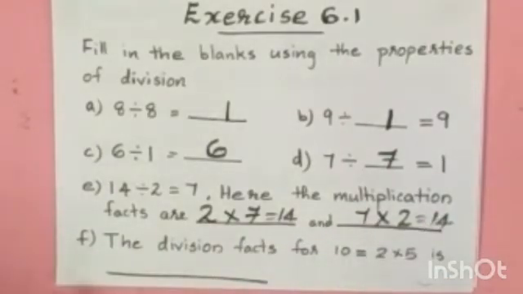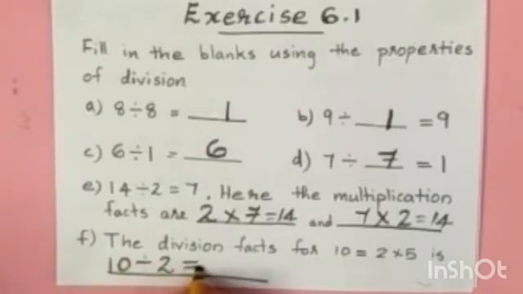Then the F question, the division facts for 10 equal to 2 into 5 is dash. 10 divided by 2 is equal to 5.